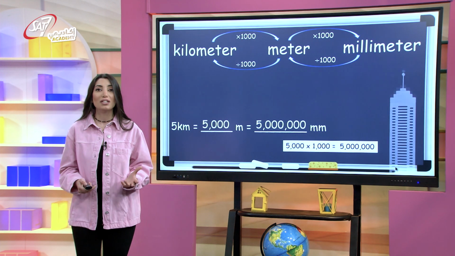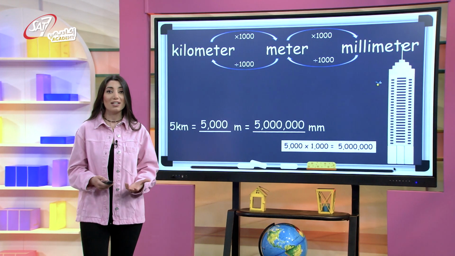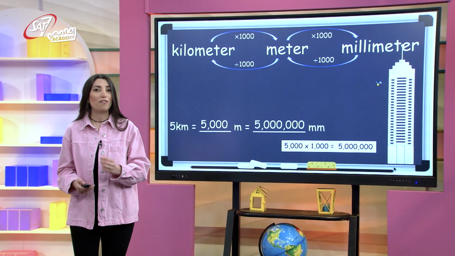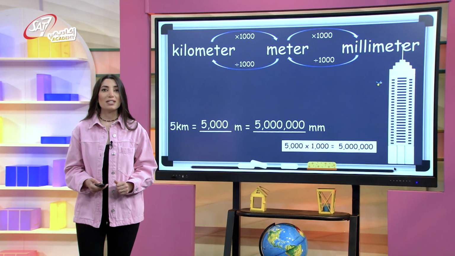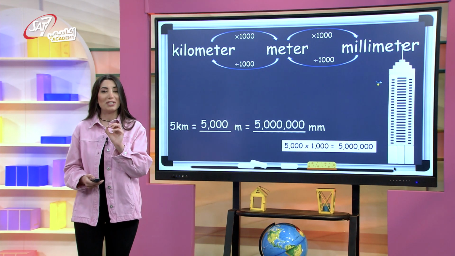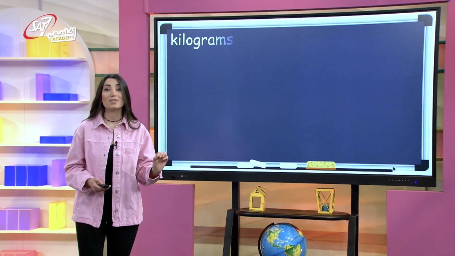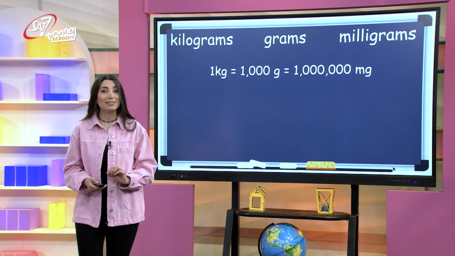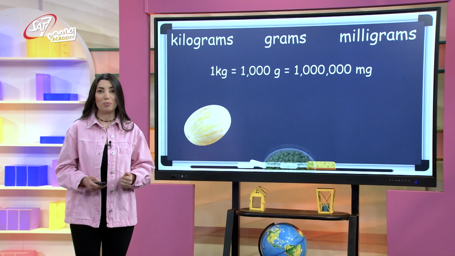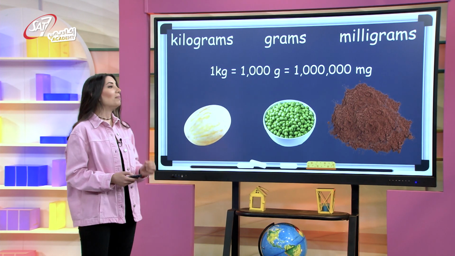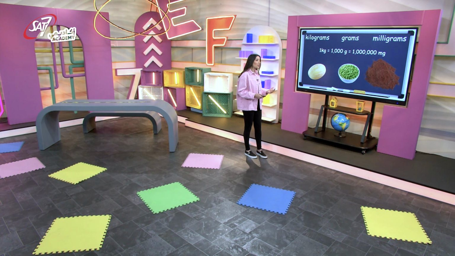We simply can't use the same measuring unit to find the height of a skyscraper and the length of an insect. And just as we use millimeters to measure the length of very small objects, milligrams are used to measure the weight of very light objects. A milligram is also 1,000 times smaller than a gram and 1,000,000 times smaller than a kilogram.